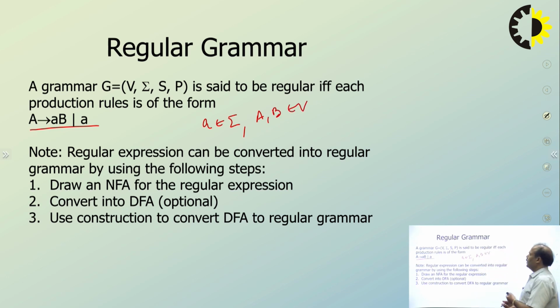So regular grammar is very simple. It is the type 3 grammar. A non-terminal derives a terminal followed by a non-terminal, or a single terminal.